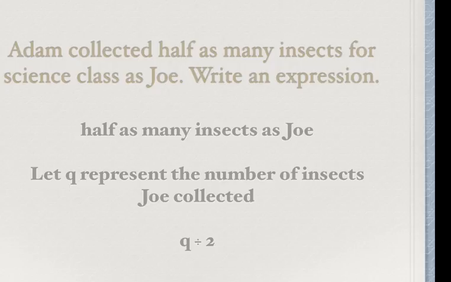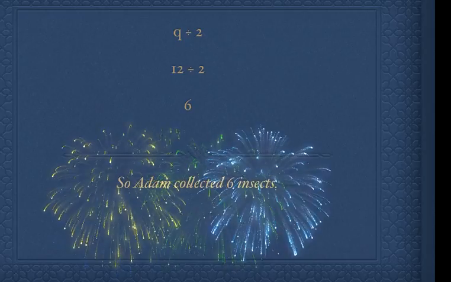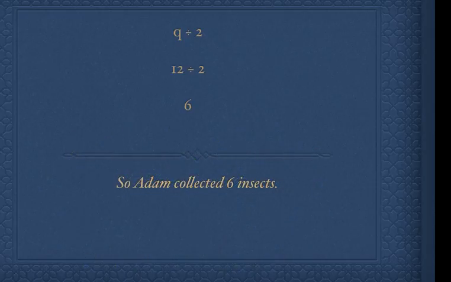Q divided by 2, since 2 represents half as many. So Q divided by 2, if Q is 12, we write 12 divided by 2, and we get 6. So Adam collected 6 insects.